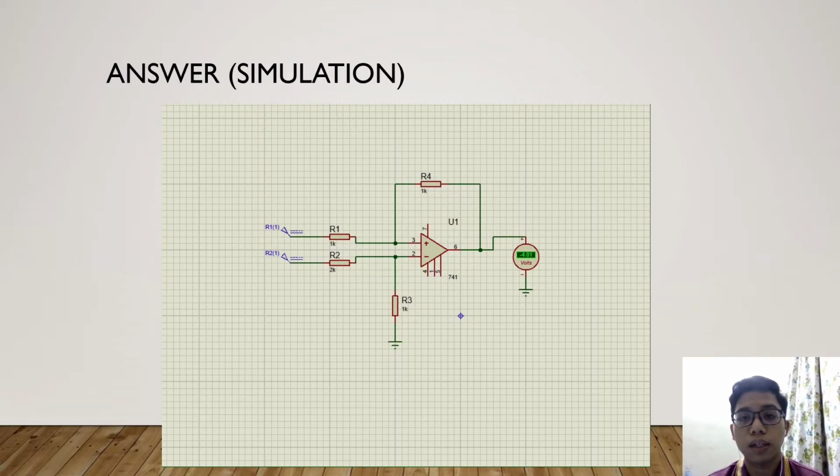Therefore, the output voltage from the simulation is the same as the calculation method. Even though there is a 0.01 difference, that is a discrepancy due to the components used in the simulation, which we can neglect. So the result is acceptable.